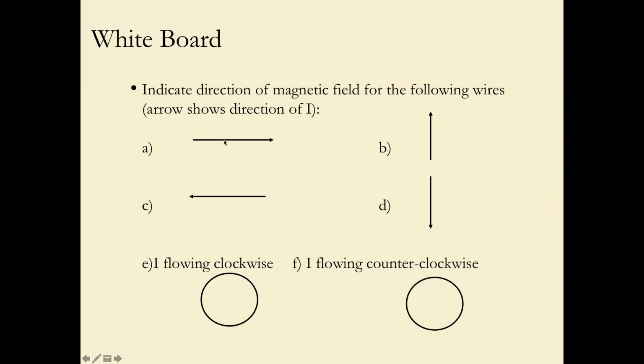in part A, this arrow is to the right, which means it is the direction of the current. So put your thumb in the direction of this current, and then you will see that once you make a circle around this wire, at each point, here it will be into the page.